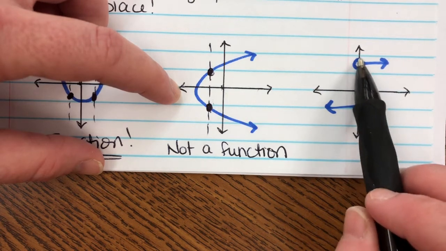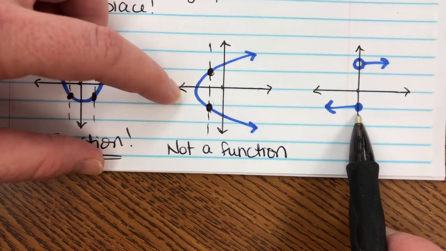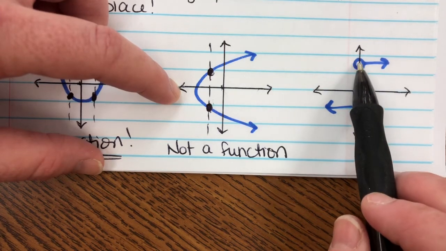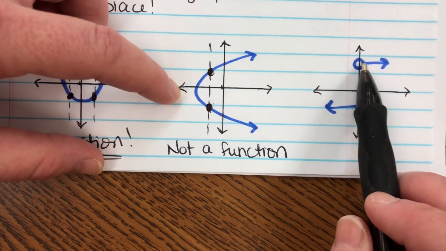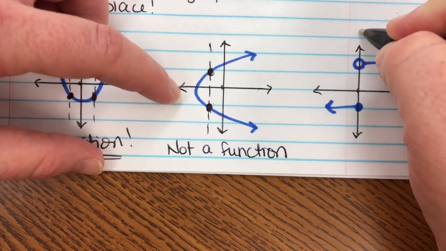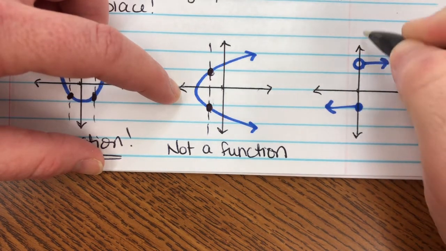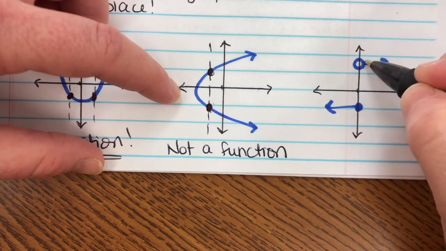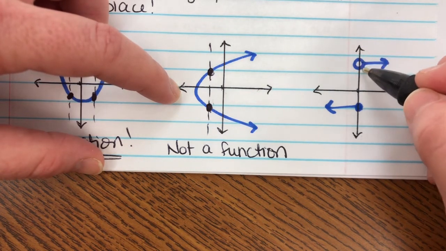That's why the circle is open. If it's shaded in like this guy, it's included. So we're going to include this point right here. But up here, it's an open circle, so we are not including this. So if I drew a vertical line down through this, it looks like it would cross through this point and this point, but this point doesn't actually exist, right?